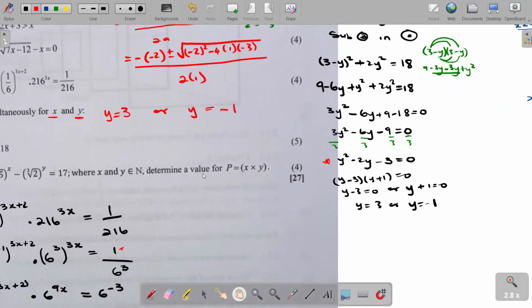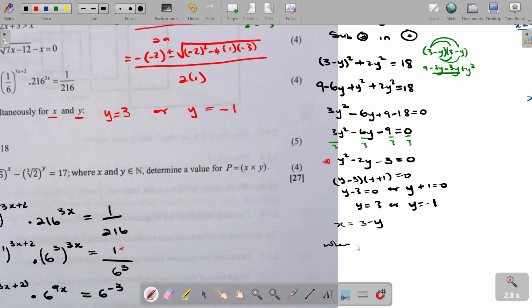Remember, we had established that our x is equal to 3 minus y.